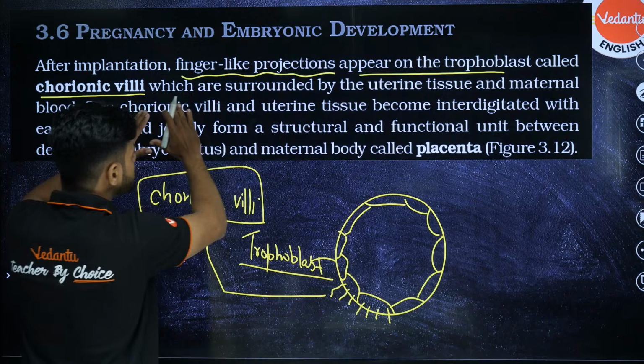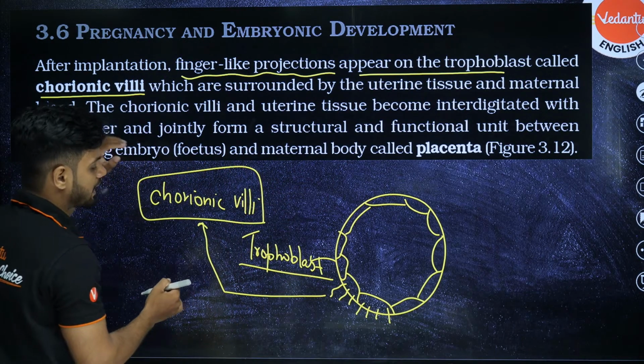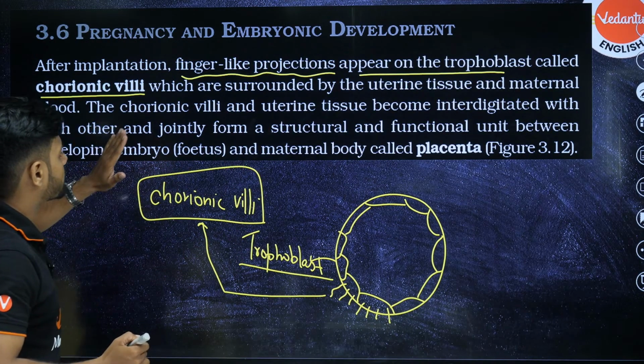Now, the chorionic villi are arising on trophoblast cells, which are surrounded by uterine tissue and maternal blood. So, let me write down, students.